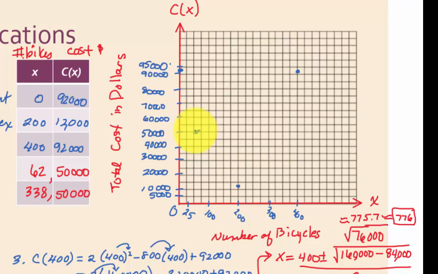Do you see the parabola taking shape now? And finally, 338, 50,000. So we can see our vertex point is indeed the lowest value in this parabola. So all we have to do now is connect these ordered pairs and we'll see the graph of our parabola.